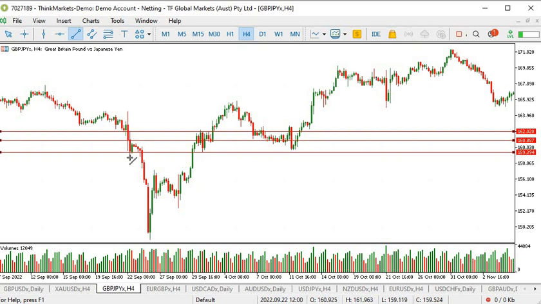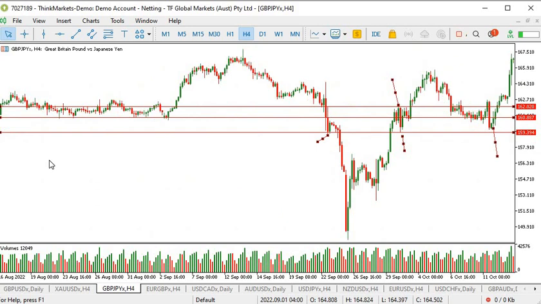The market respected this zone here in the past, respected it here, and respected it at this point. And we can see the first one too. The market respected it here. We can see the second zone was respected time and time again.